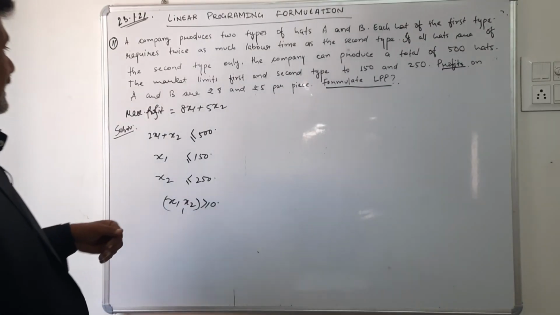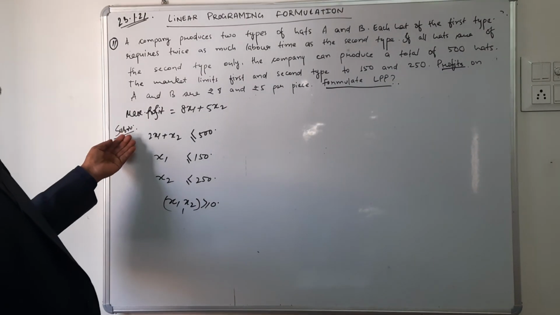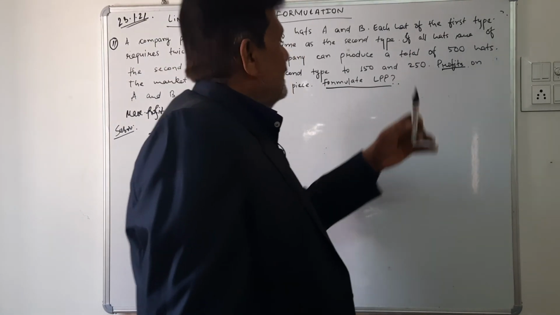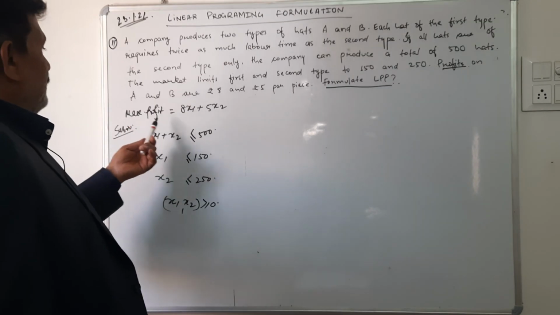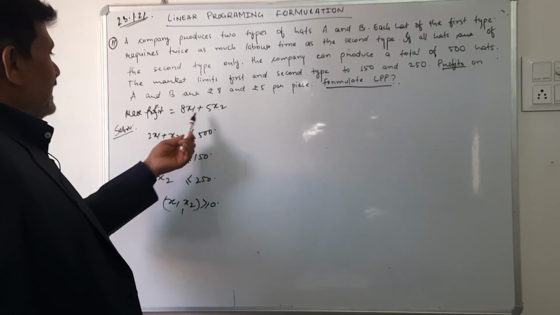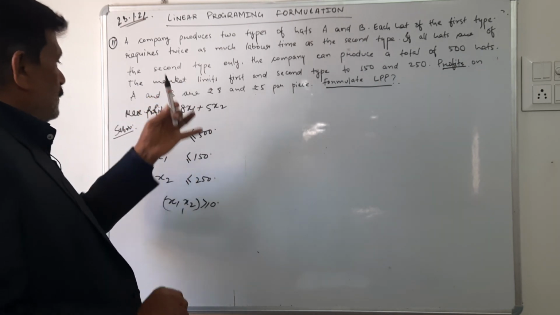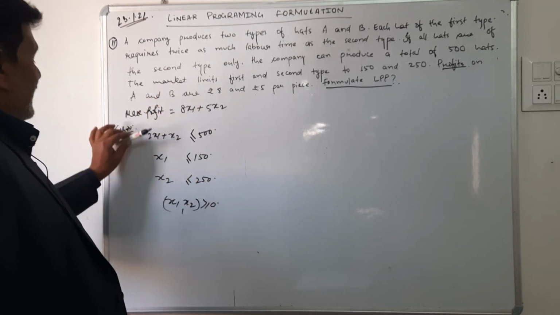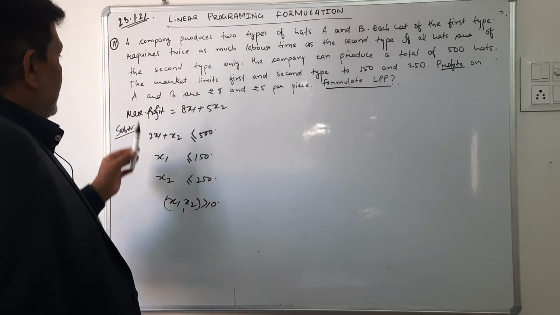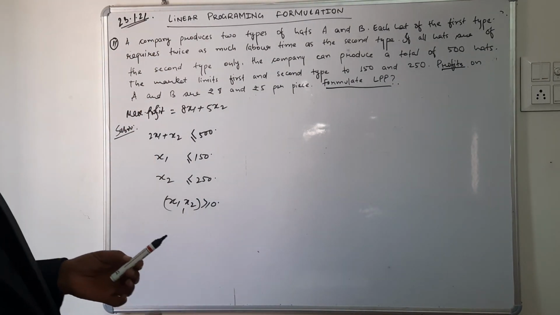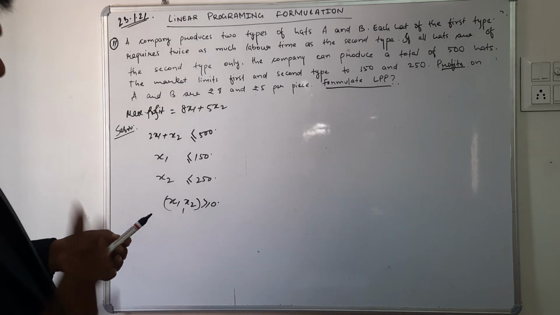So this is a standard sum, and it is a maximization problem, and the moment we get the profit, it relates to maximization of profit. So maximize profit 8x1 plus 5x2, where 8 and 5 are the respective profits on 1 unit of x1 and x2, and these are 3 constraints as per the sum given here. So this is a standard LP sum. Now it could be solved either through the graph or through the simplex method, that we shall see later on.